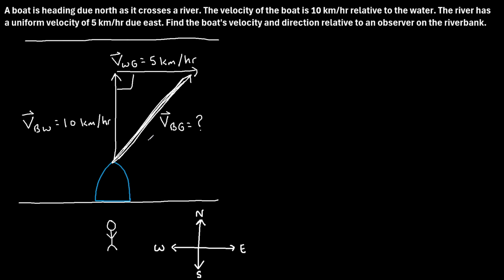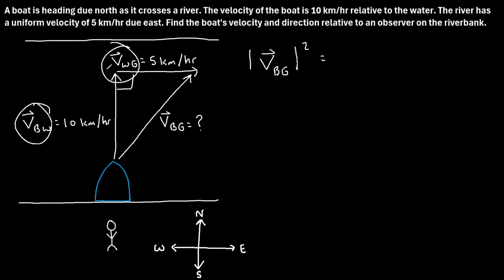So all we have to do to solve this problem is use the Pythagorean theorem, which says that the hypotenuse squared is equal to the individual sides squared added together. So here's what we can write. We'll say the magnitude of the velocity of the boat relative to the ground squared, so this is our hypotenuse of the triangle, is equal to, we can take these two values squared and added together.